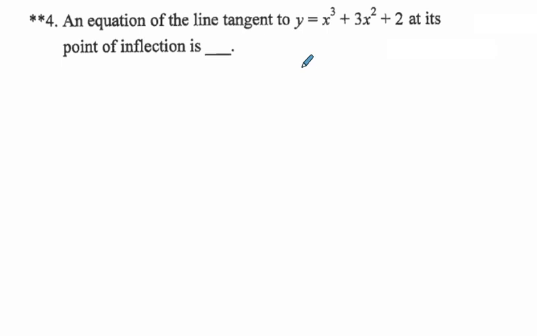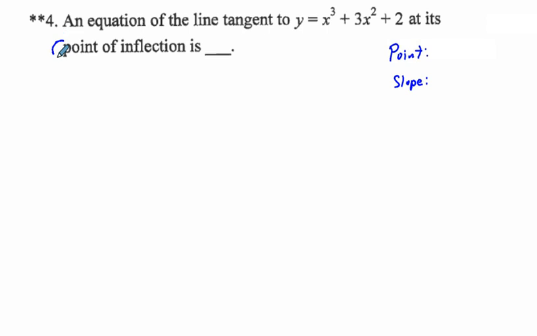Okay, well, what we need to have a tangent line is two things. We have a point and a slope.